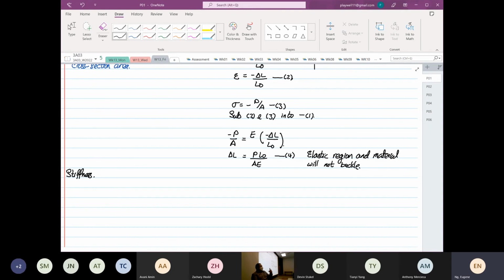How many of you have done a mechanical vibration course in mechanical engineering in McMaster? Probably some of you who are in management courses. Have you done mechanical vibration yet? No? Okay. Right. So how do we relate stiffness?